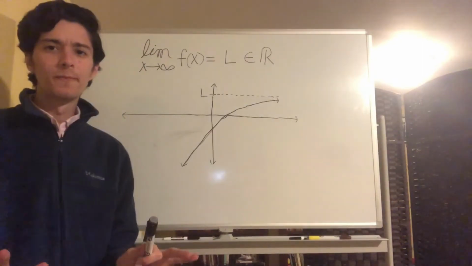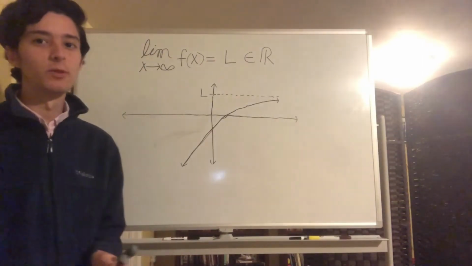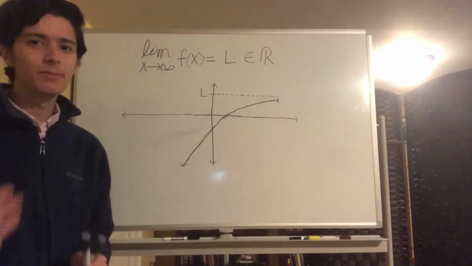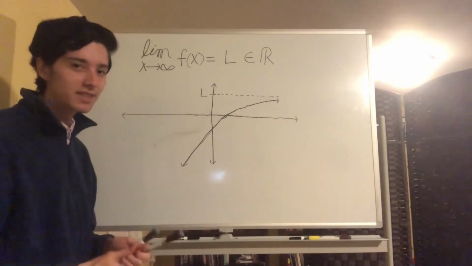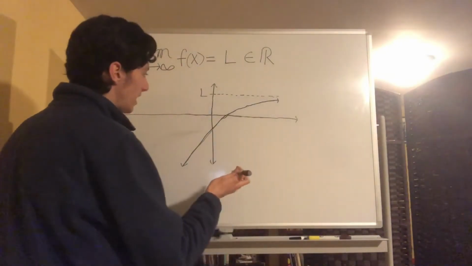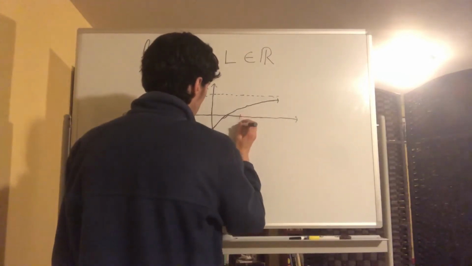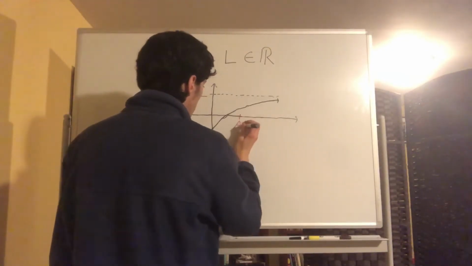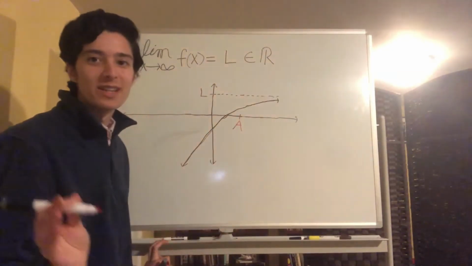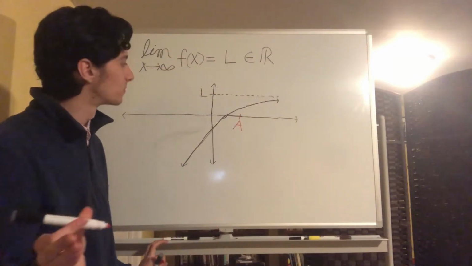So again, just like last time's graphical example, because x is approaching infinity, let's think about a point A, where A represents an x coordinate on our graph.